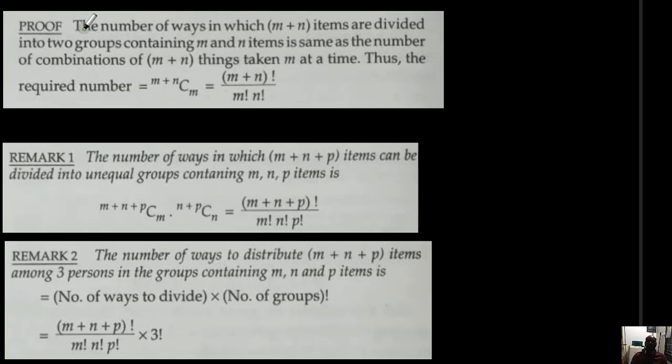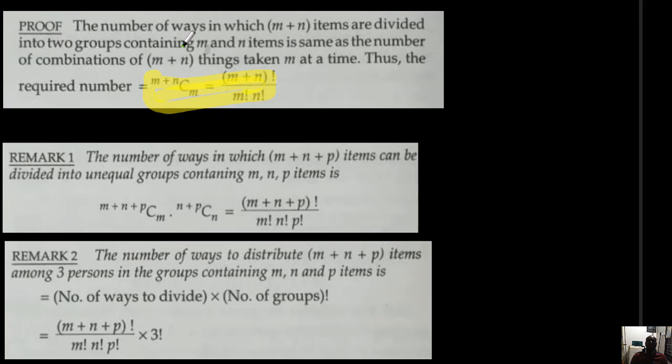What is the proof? The number of ways in which m plus n items are divided into 2 groups containing m and n items is the same as the number of combinations of m plus n things taken m at a time. That's all. Or m plus n things taken n at a time. Thus the required number is (m plus n) C m, that is equal to (m plus n) factorial by m factorial into n factorial. Just now I explained this.